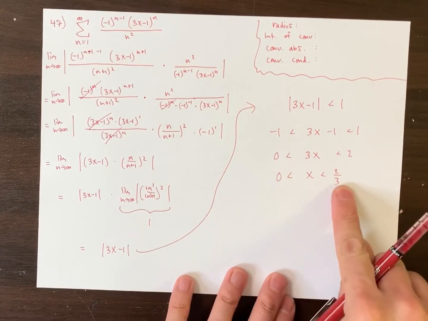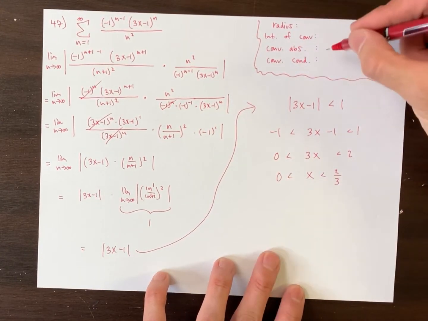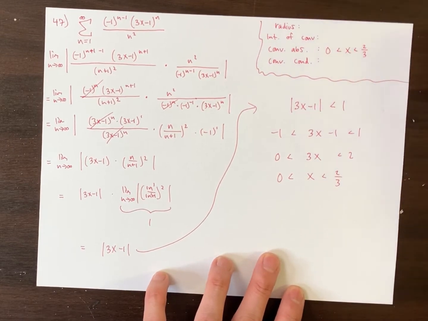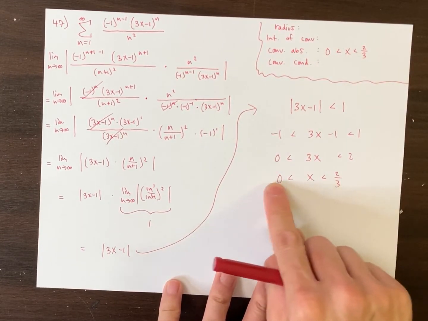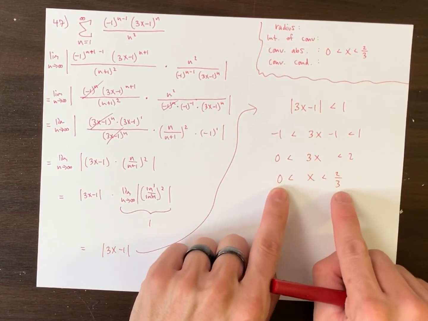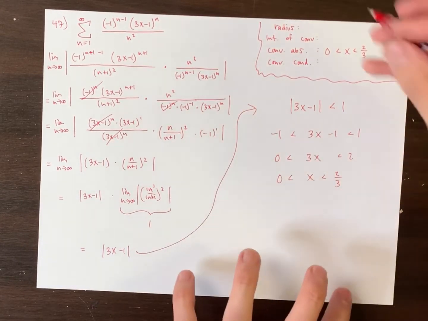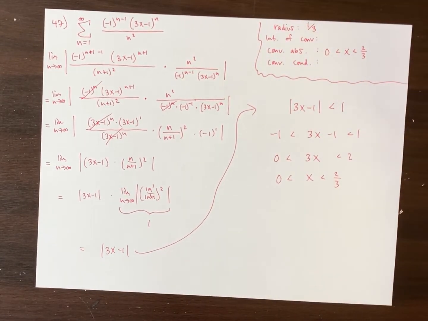So this here is our interval of absolute convergence. So let me fill that in. That's your converges absolutely interval. And then how far away are the endpoints? From here to here, they are 2/3 spaces. Divide that by 2 to get 1/3. And that's your radius. Remember that? That's your radius is 1/3.